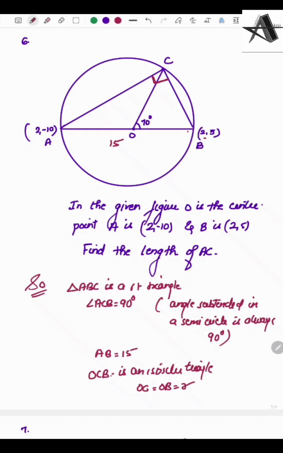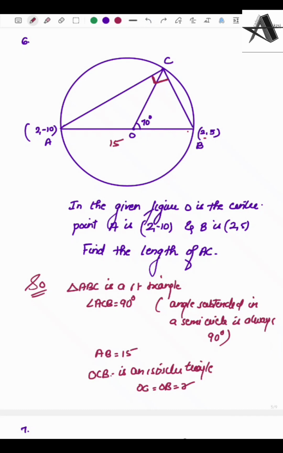The distance between any point on the circumference of a circle and the center is always the radius. So the distance from the center to one point on the circumference and from the center to another point on the circumference are equal because they both are radii, which gave me an idea that OBC is an isosceles triangle.